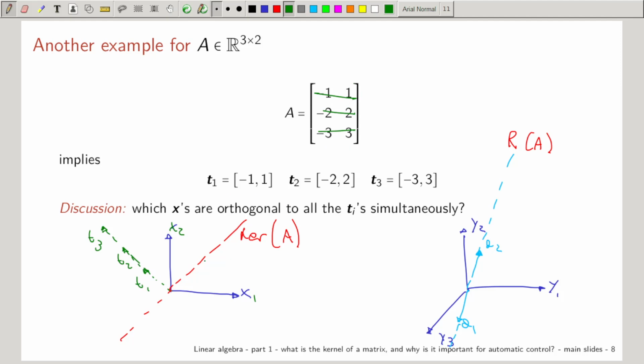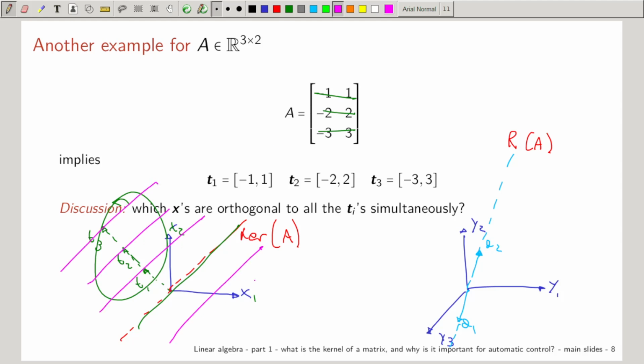That means the kernel is orthogonal to the stuff, and the range is this space here, that is the span of the columns. If I take anything here we go into this. If we take any line here, it's going to be mapped into some point somewhere.